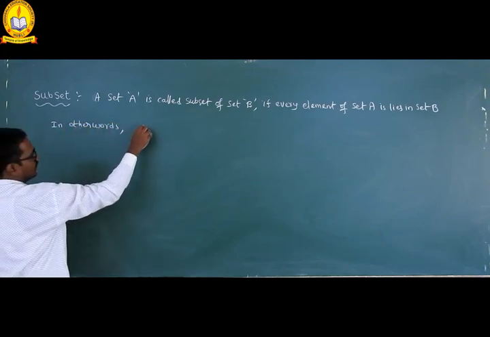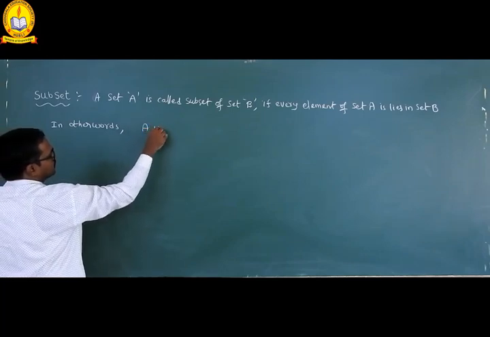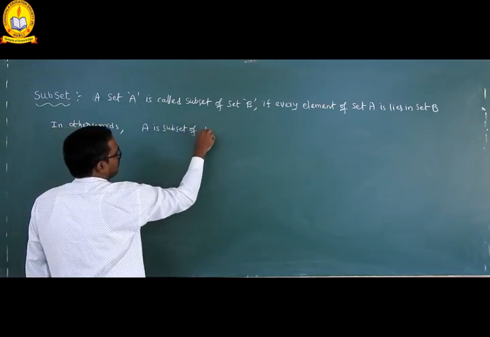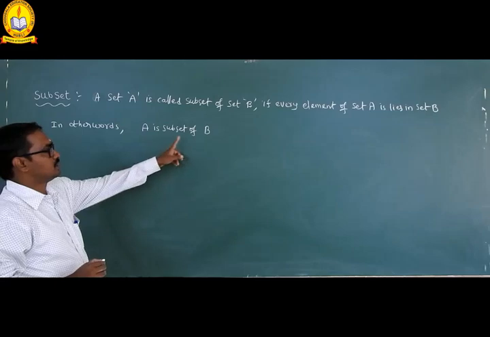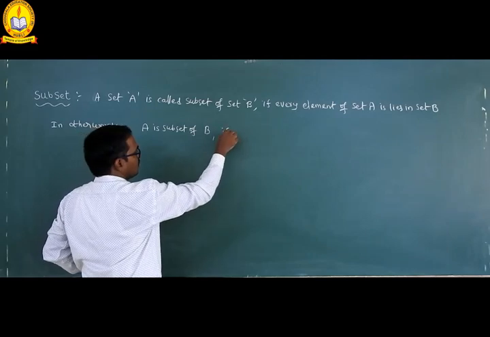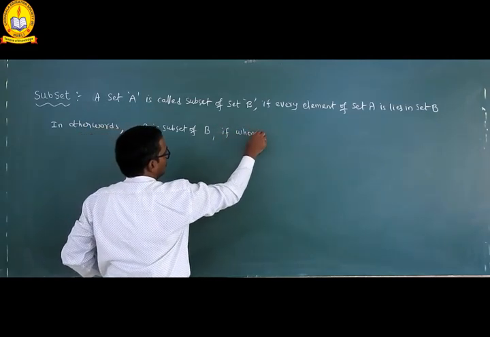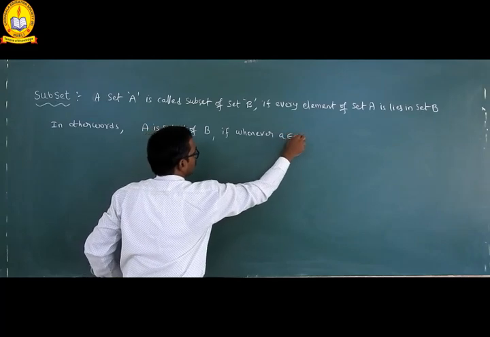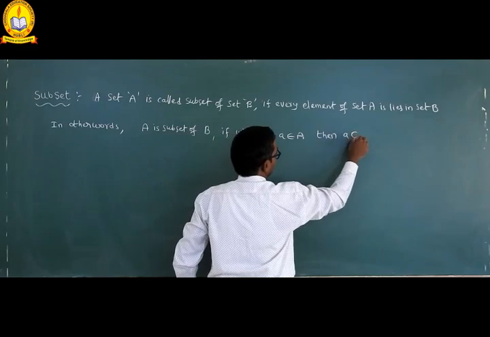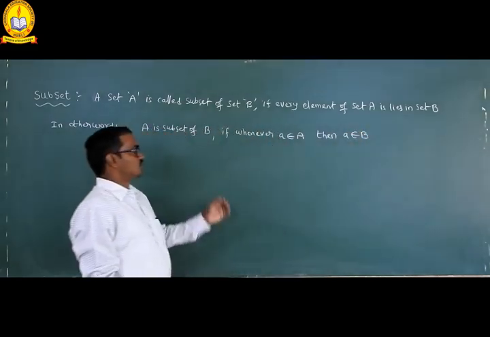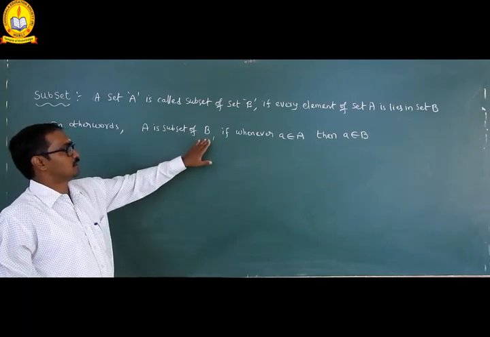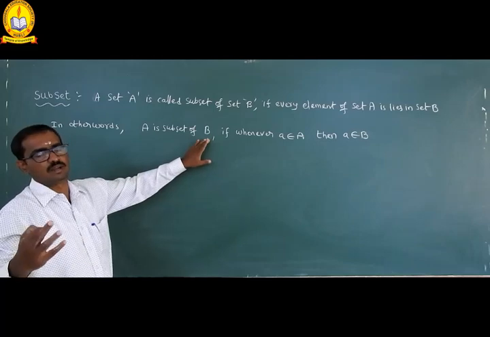In other words, capital A is a subset of capital B. Capital A means set A, capital B means set B. Capital A is a subset of capital B if whenever a belongs to capital A, then a belongs to capital B. When do you say A is a subset of B?